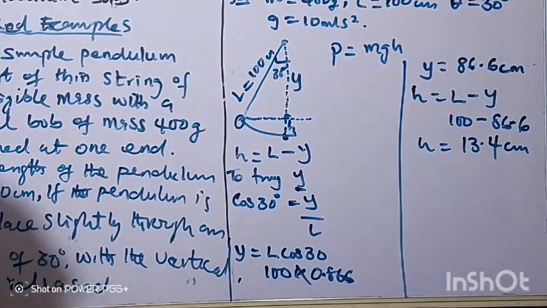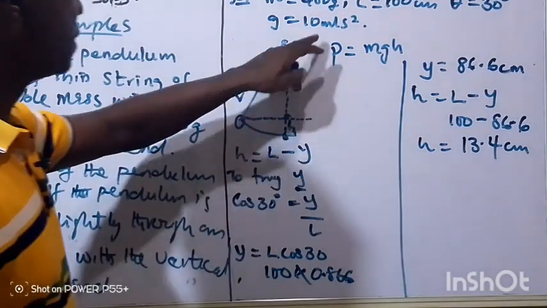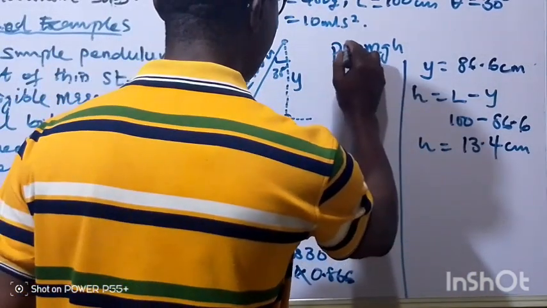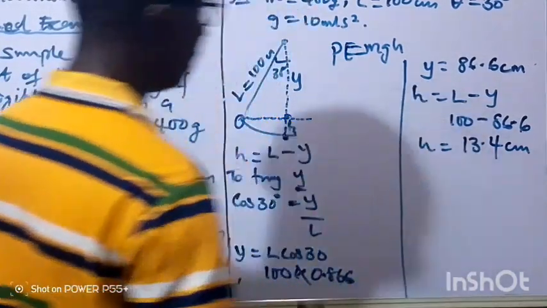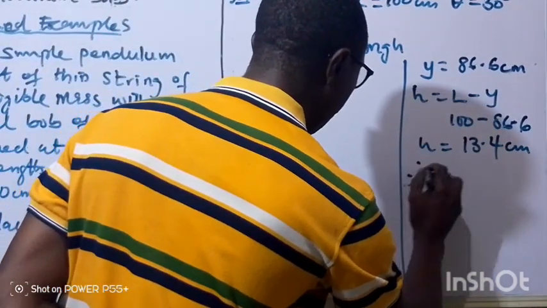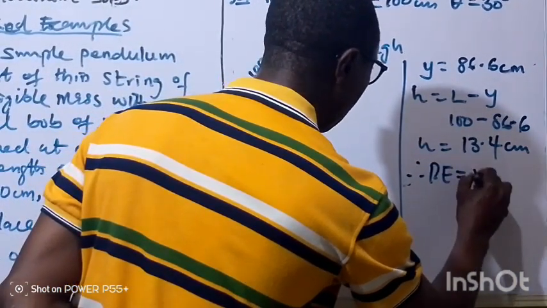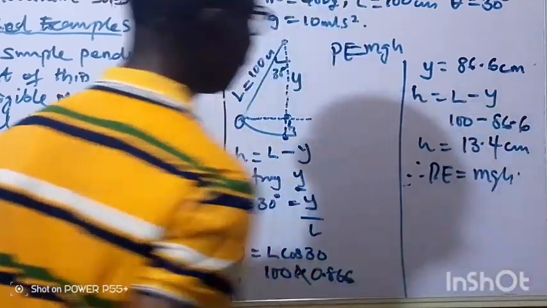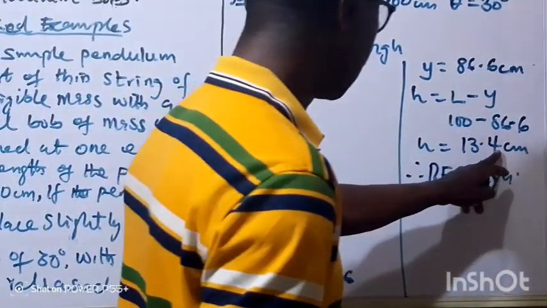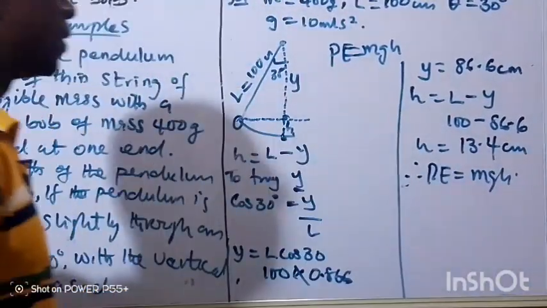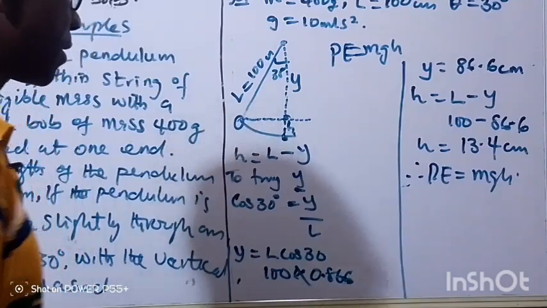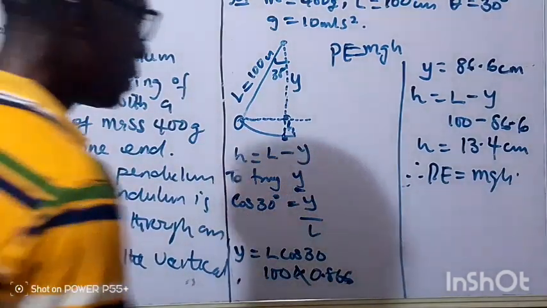So now, once we know the value of h, we'll be able to calculate the potential energy, which is PE equal to mgh. Now, we need to convert our h to meters, because g is given in meters per second squared.